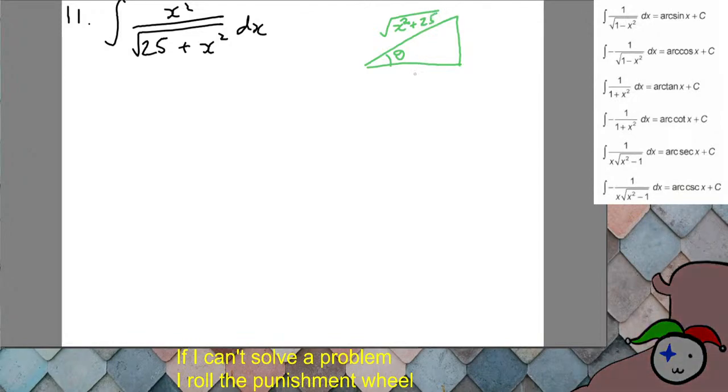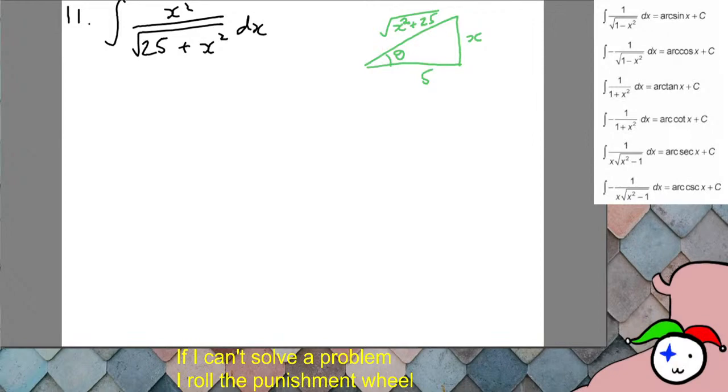Then we'll have x here, and we're going to have 5 here, and that's a triangle you can use to reference it back to here.